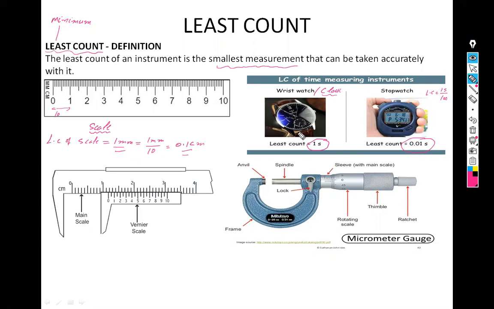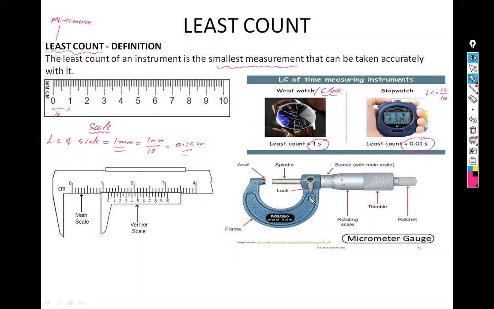It is our next article, please. Now, on this page, you have to memorize what is least count, what is the least count of scale, what is the least count of wristwatch, and what is the least count of stopwatch.